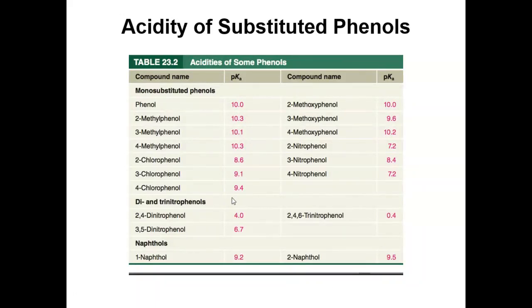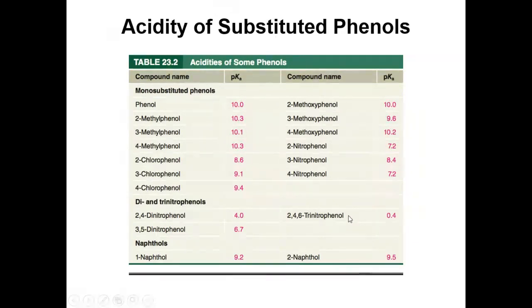If you have a very powerful electron withdrawing group like the nitro group, the most powerful electron withdrawing group we have seen so far, depending on how many nitro groups you have on the ring, you can strongly enhance the acidity of the phenol.